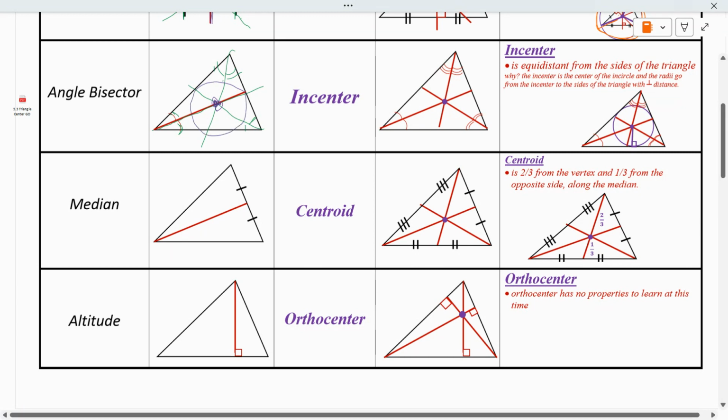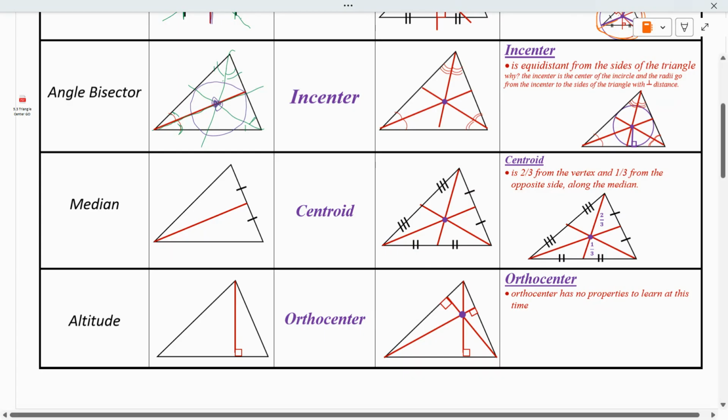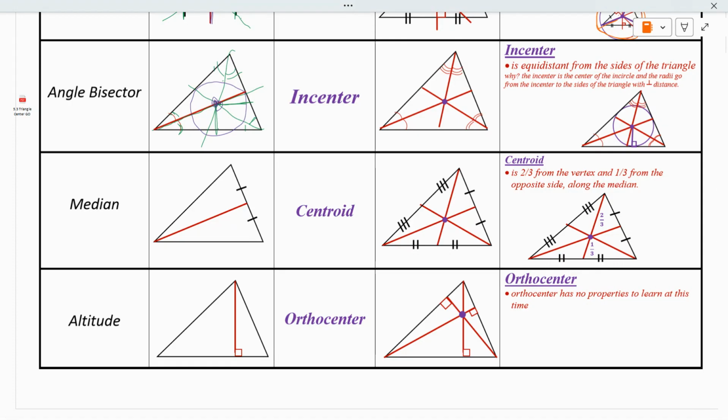So, as you can guess, the incenter is equidistant from the sides of the triangle. The incenter is made by three angle bisectors. It's the point of concurrency of three angle bisectors.